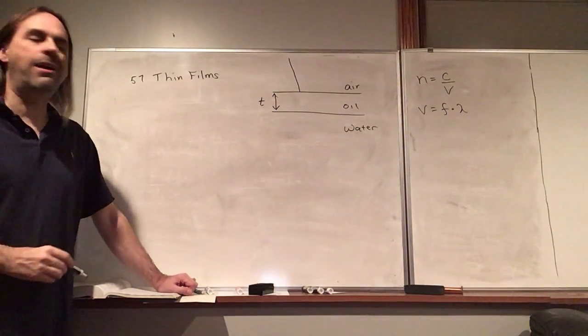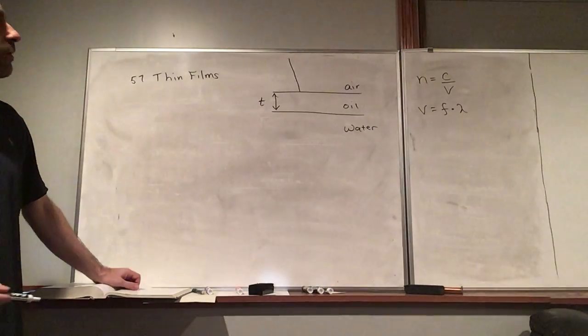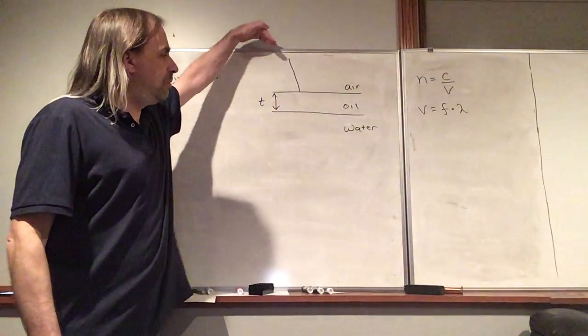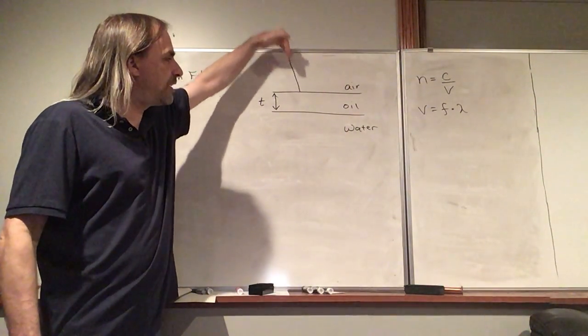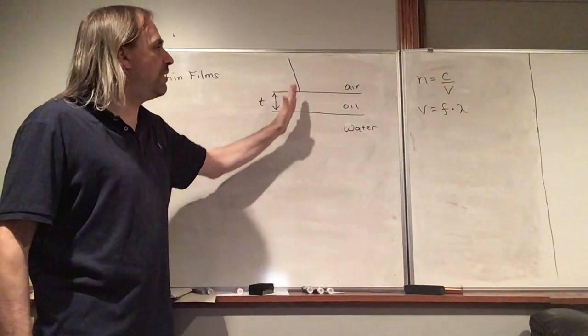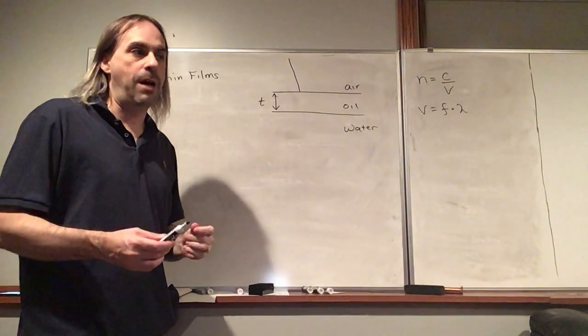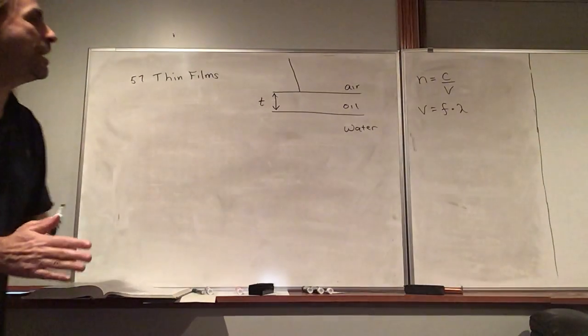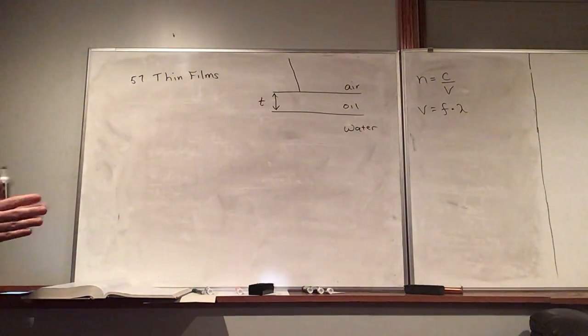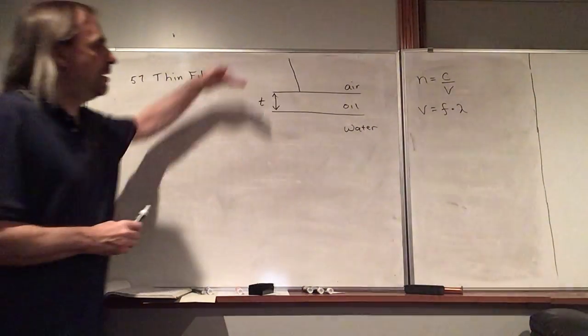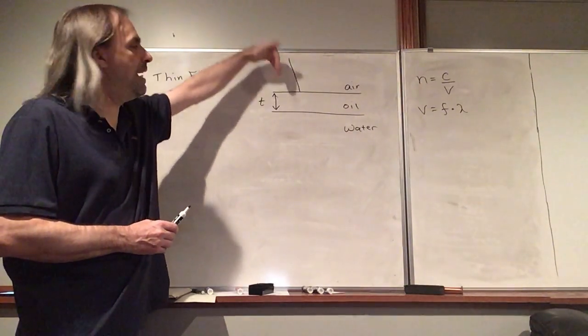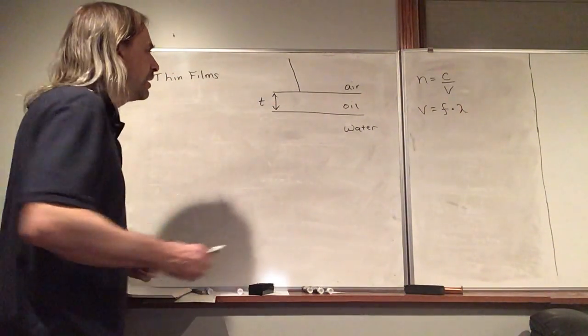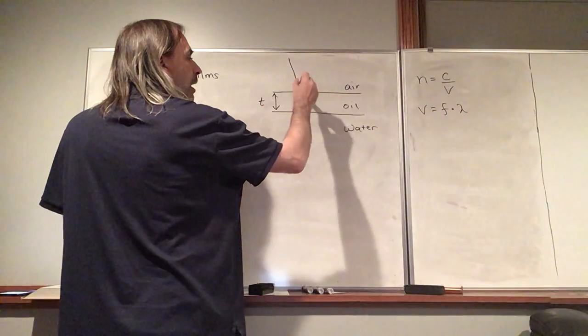However, I drew it at a slight angle, and there's a reason for that. We're considering the case where light shines straight down, but then the reflection would be straight up, and we're not going to see anything. We have to draw it at a slight angle. You can consider it either way, but we're just introducing this angle for clarity.